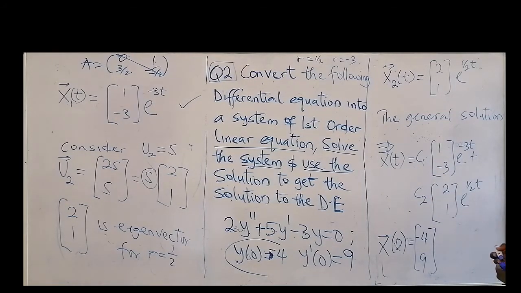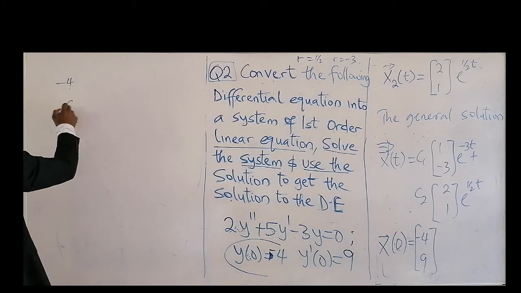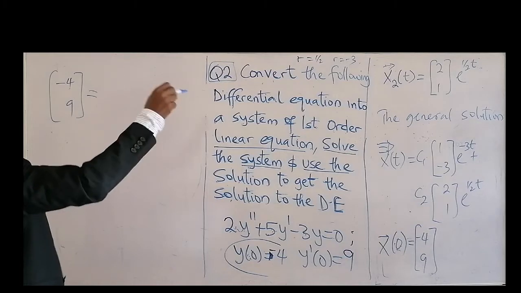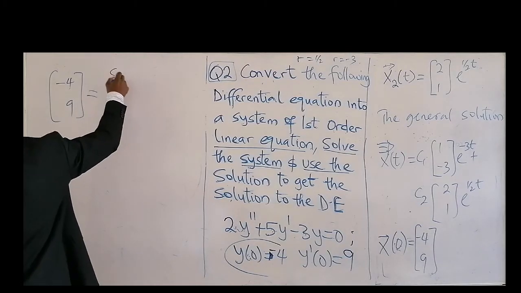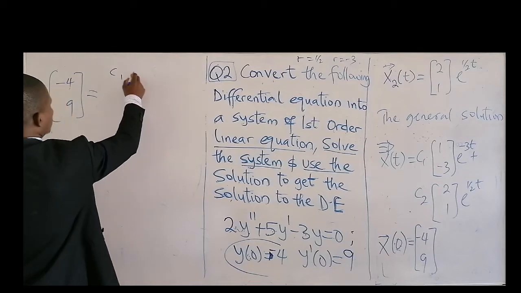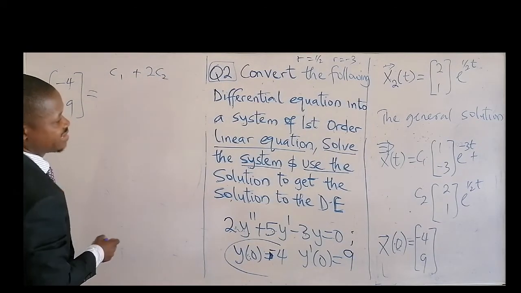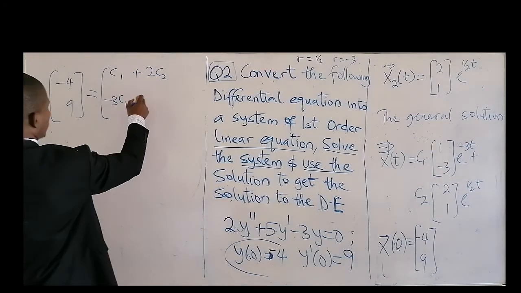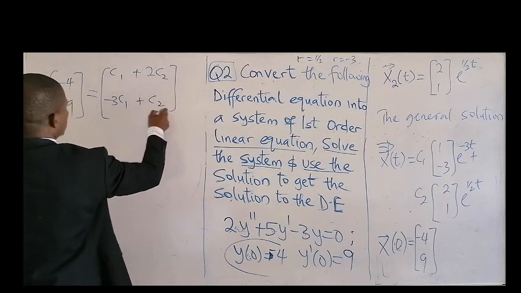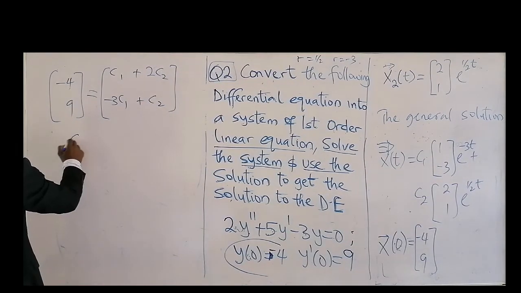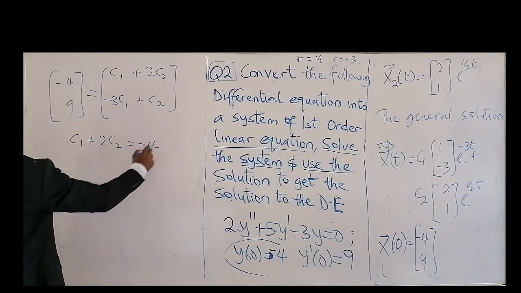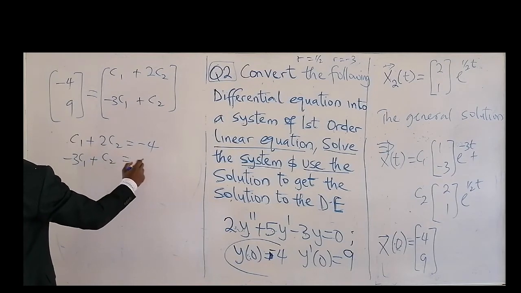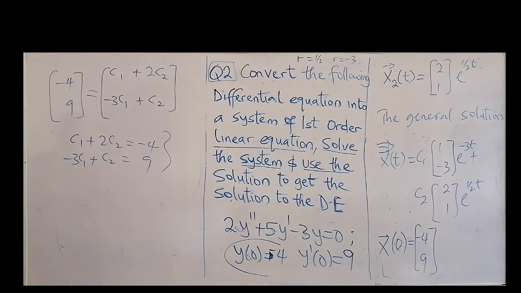So we have minus 4, 9 equal to, wherever you see t, put 0 there, C1 plus 2C2, and then the second one, minus 3C1 plus C2. So we now have C1 plus 2C2 equal to minus 4, then minus 3C1 plus C2 equal to 9. So we can solve this.